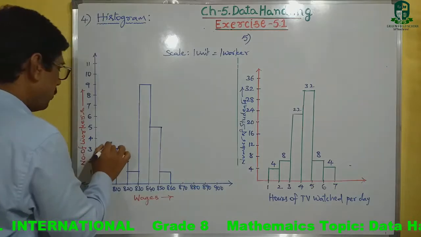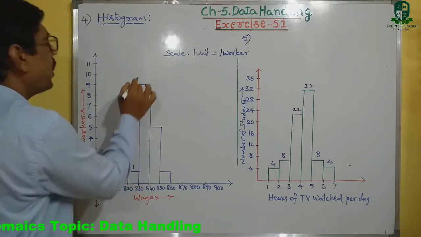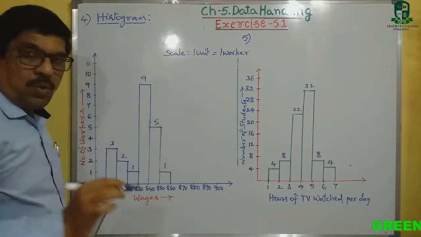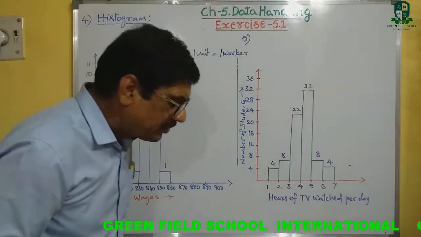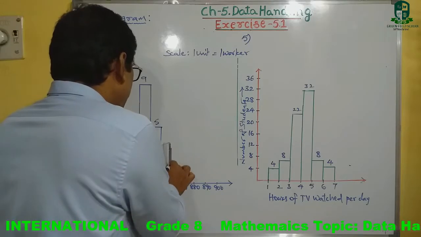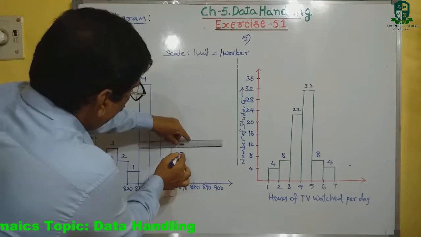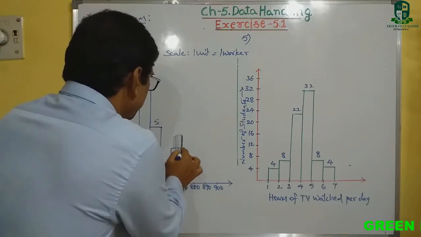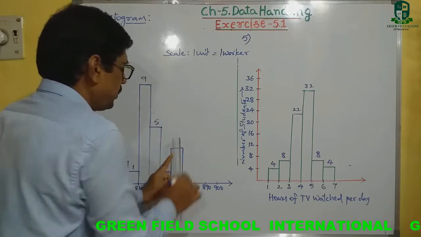As of now we have the frequencies 3, 2, 1, 9, 5, 1. What is the frequency of the next class, 860 to 870? That is 3. So we need to take the height up to 3 units. Observe carefully how I am drawing. You have to draw this on the graph sheet like this.